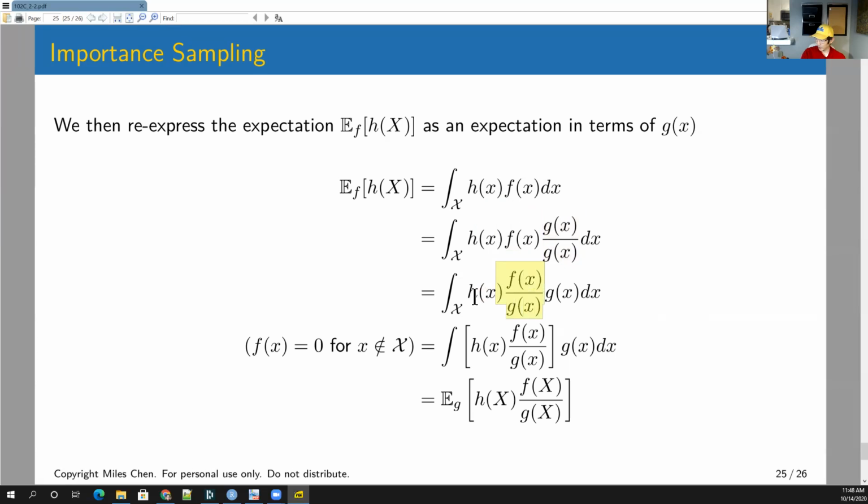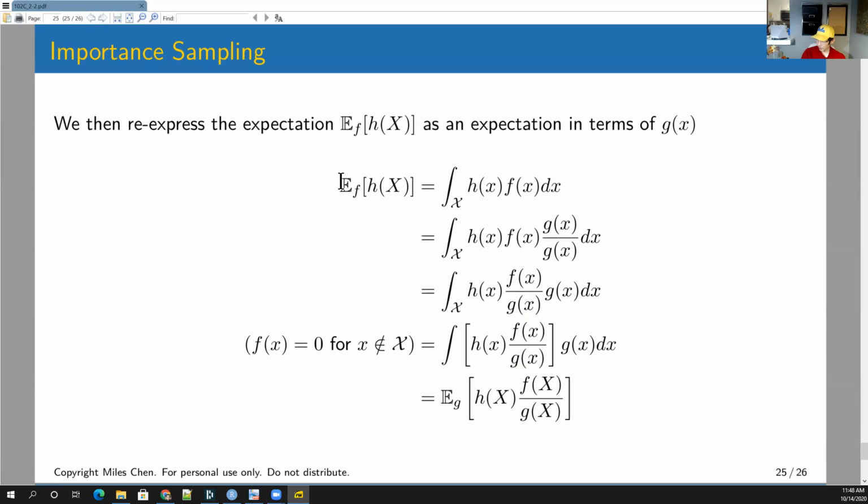If I rearrange things, now I can group this, and it's the integral of some function times a PDF dx. This is for g of x, so this is the expectation of this function where x is defined by the PDF g.